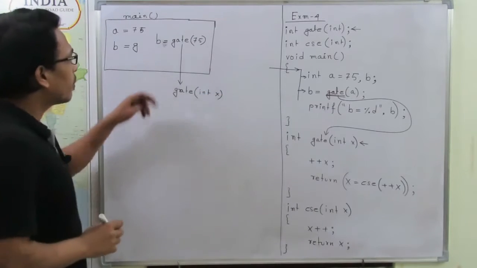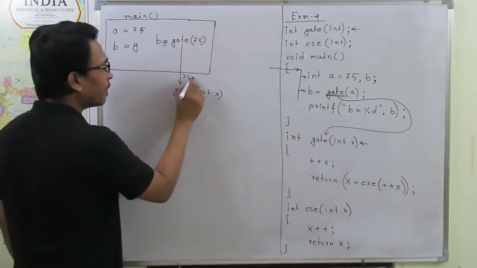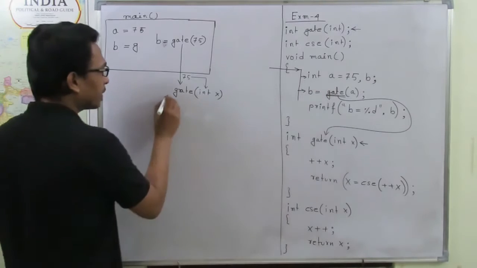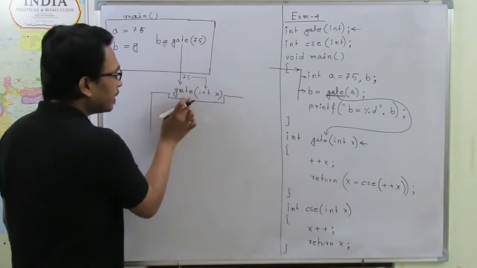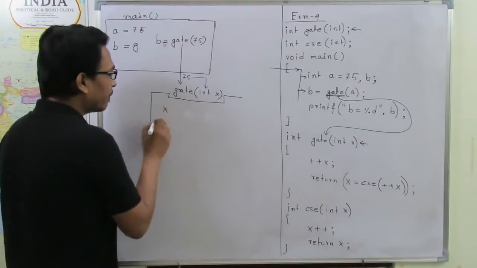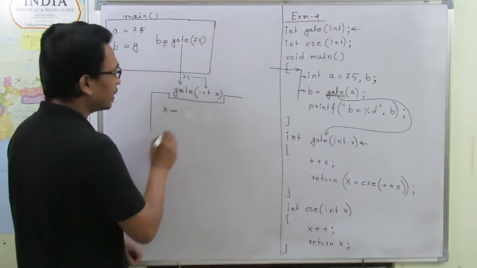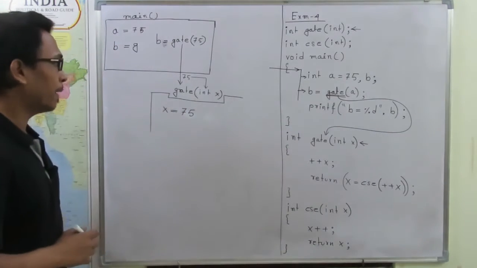Now look at here, what is the argument? The argument is 75. This 75 will be received by the variable x inside the function get. So inside the get function a new variable is declared with name x, and this variable is initialized with the argument that is 75. Clear?